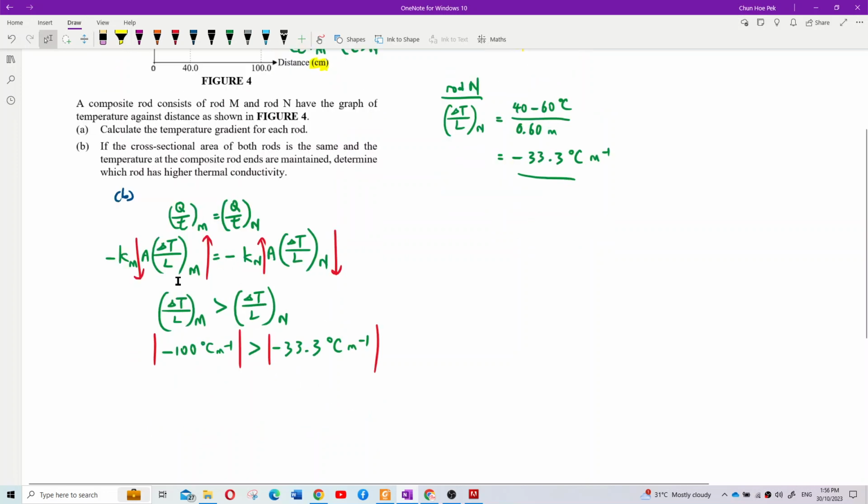Understand? If this gradient is bigger, that means the k must be smaller.